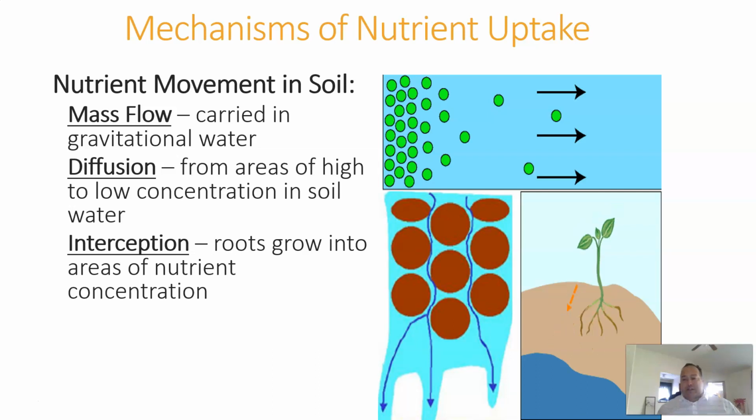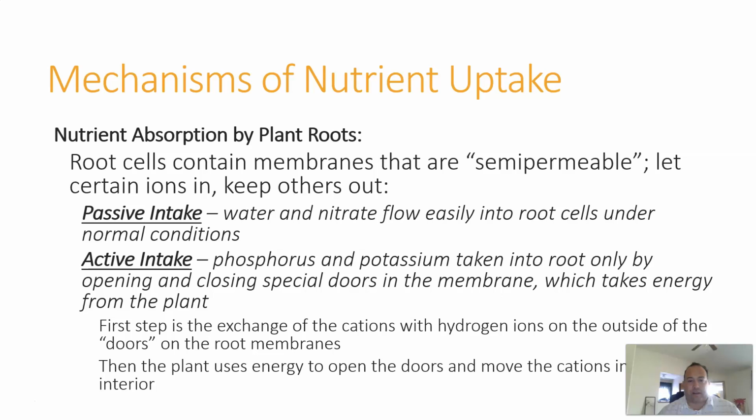So we can see our roots trying to extend in to that soil water. And so that's just some of the different ways that nutrients can move throughout the soil and end up in different areas.